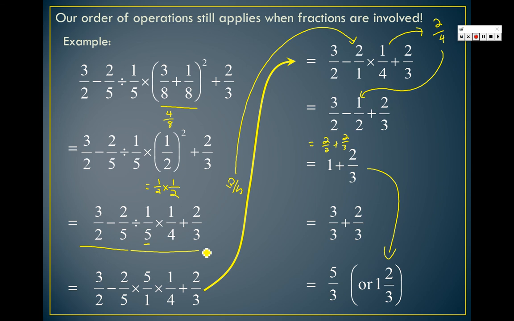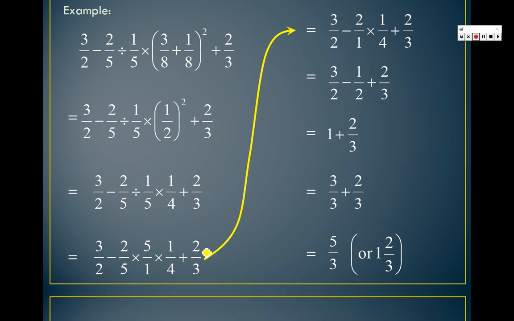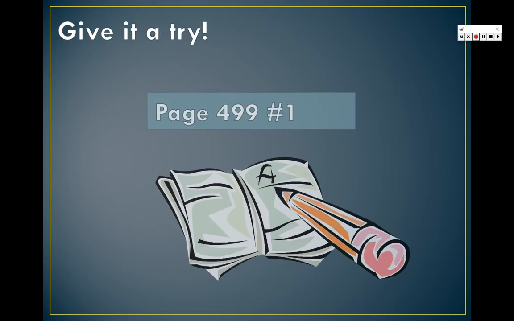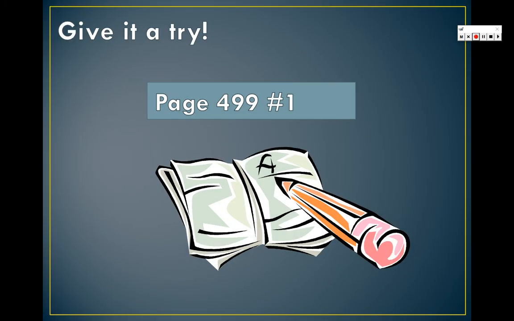So you've got some work time now to work on page 499. It's in the PowerPoint too, I think. Page 499, number 1. I know it only says one question, but they ramp up. There's 6 pretty good fraction questions, so it should take you a little bit of time. And then we want to do the pre-quiz.